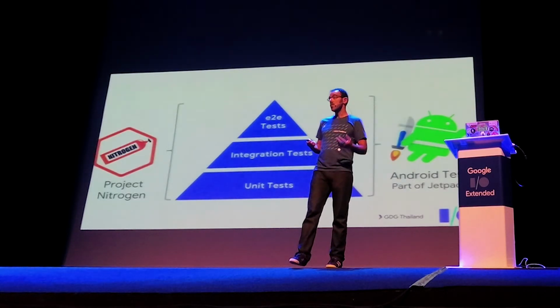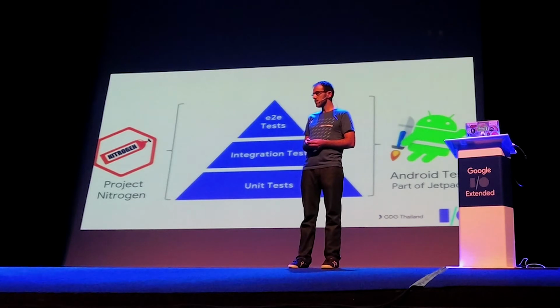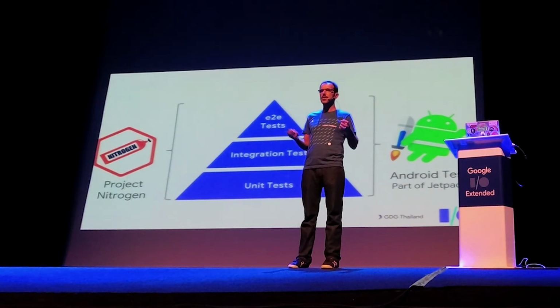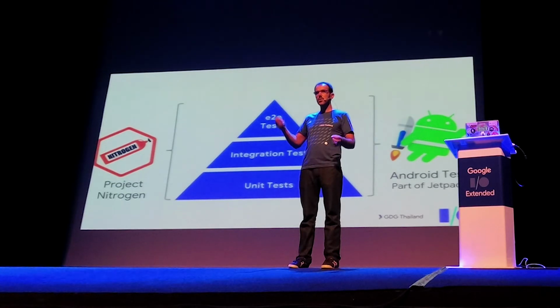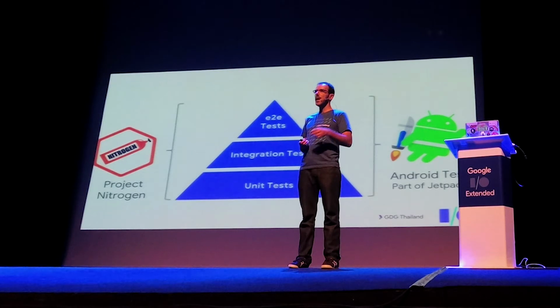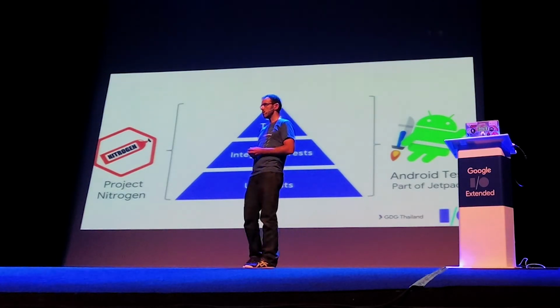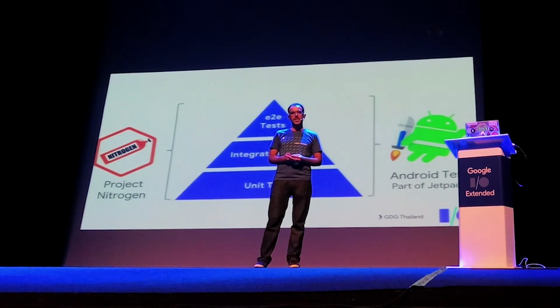Now, when Nitrogen comes, you have to forget about these different configurations. To develop, you will have Android Jetpack, Android testing in Jetpack, and to run the test, you will have Project Nitrogen.